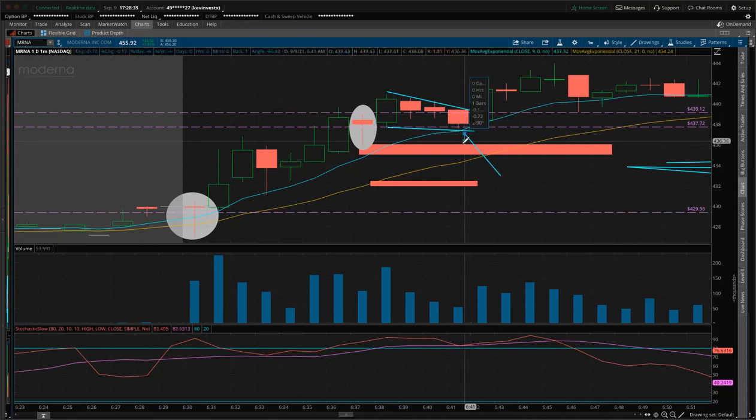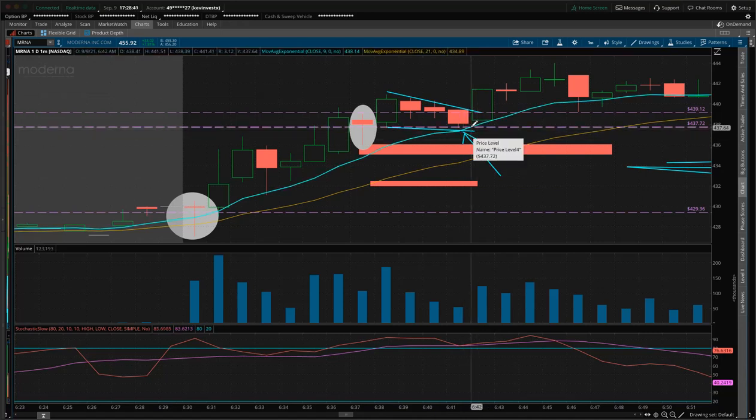Well, what's happening here is we're establishing this 437 level as a level where buyers are coming in. And so what I would do is, as soon as this candle closes and as soon as I see a candle that's breaking above this 439, I'm going to end up sizing more into the trade.